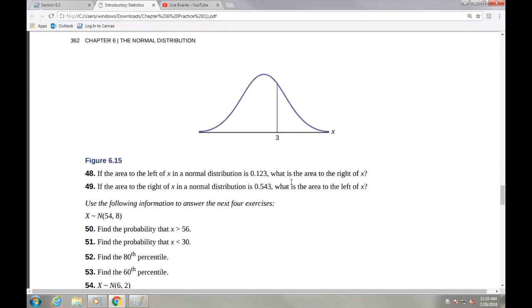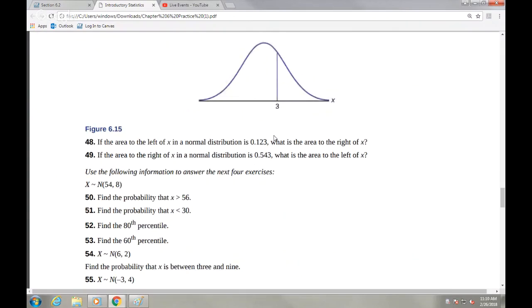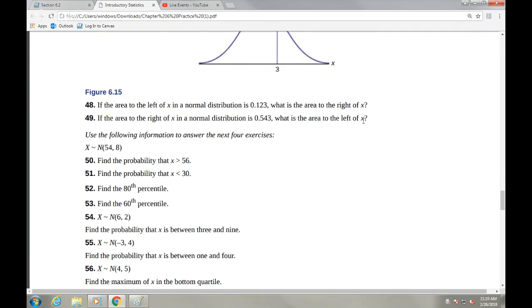Now, 49 doesn't really refer to this graph anymore. 49 asks a question. If the area to the right of x in a normal distribution is 0.543, what is the area to the left of x? Okay.